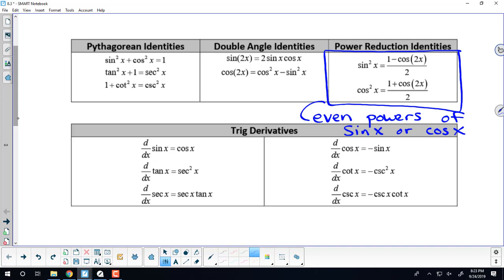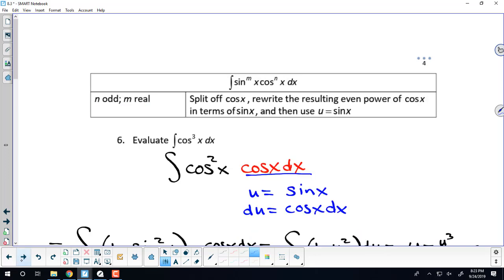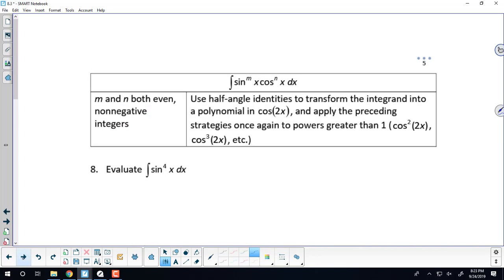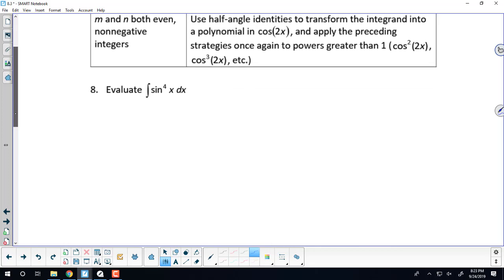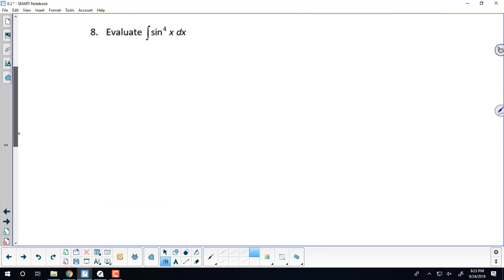Those are the ones we default to. Power reduction identity, I guess, is what they're called. You can read the instructions if you want, but it's basically just repeated power reduction application.